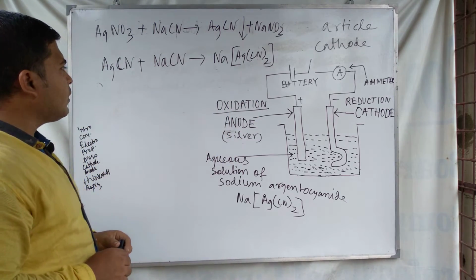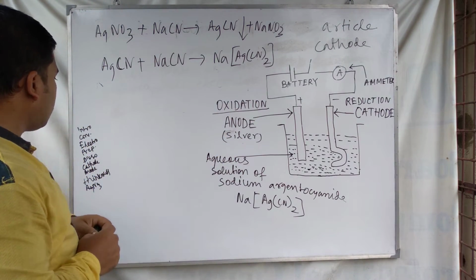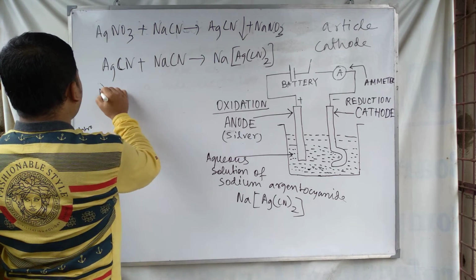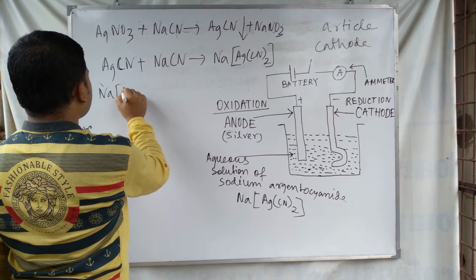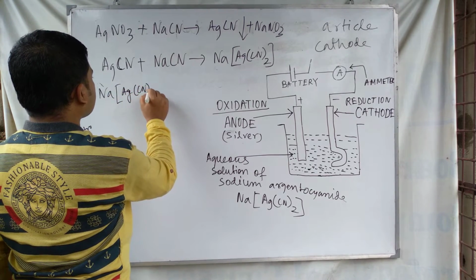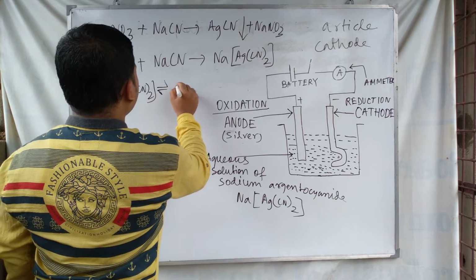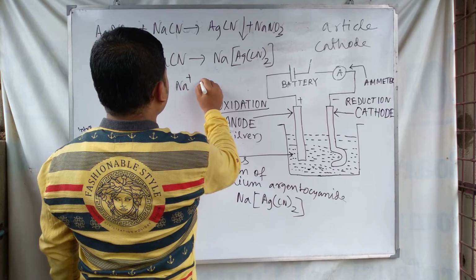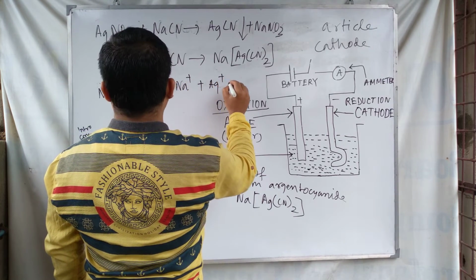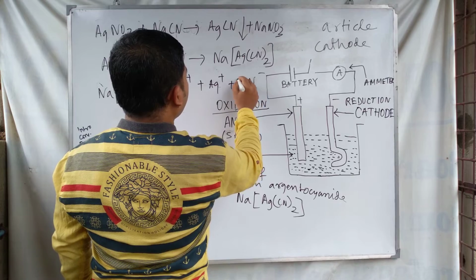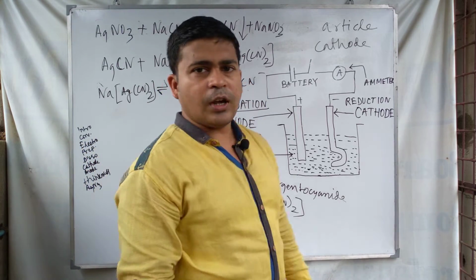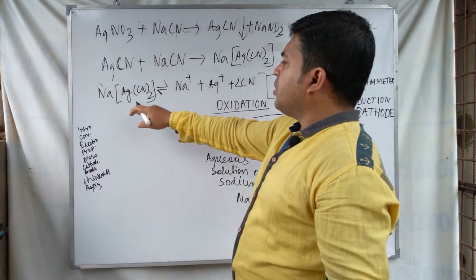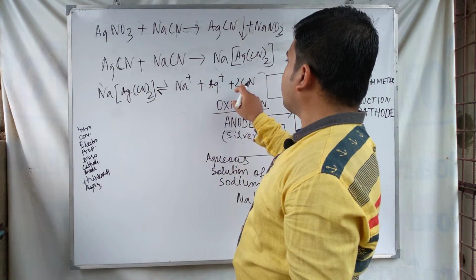Okay, so after that we have to discuss the dissociation of the electrolyte. This sodium argentocyanide is dissociated as Na+, Ag+ and 2 CN-.